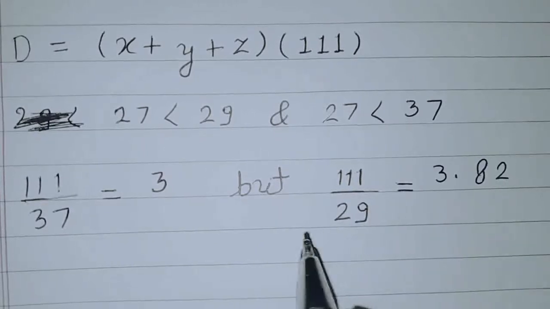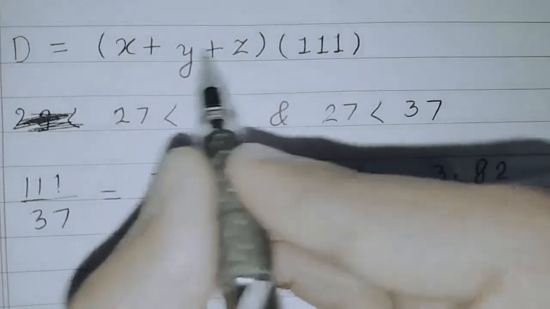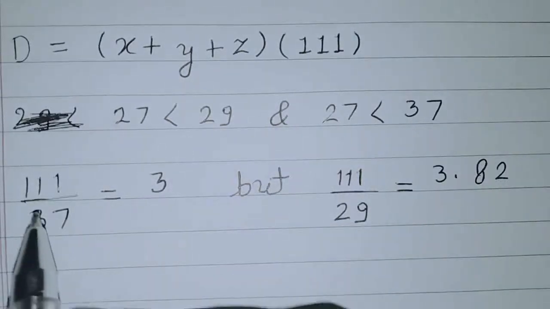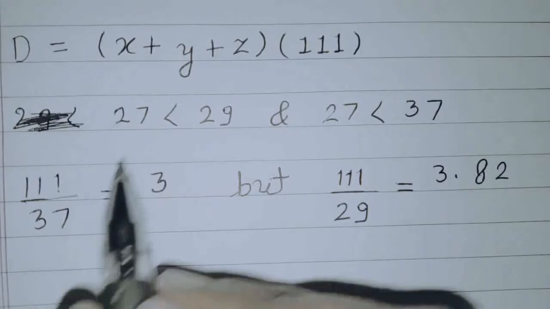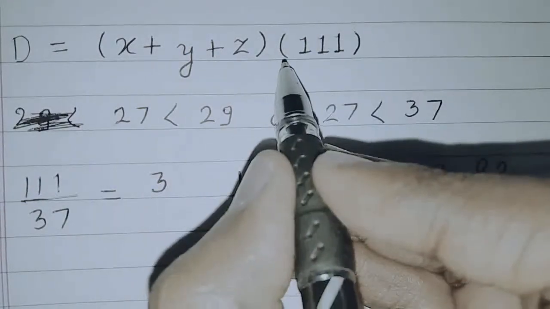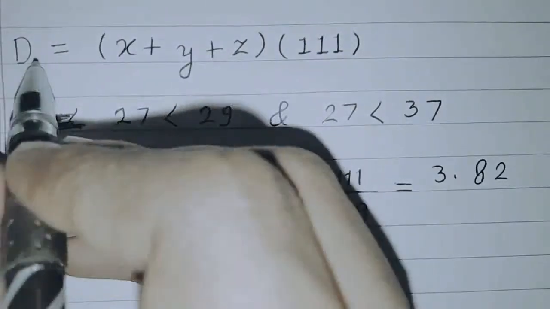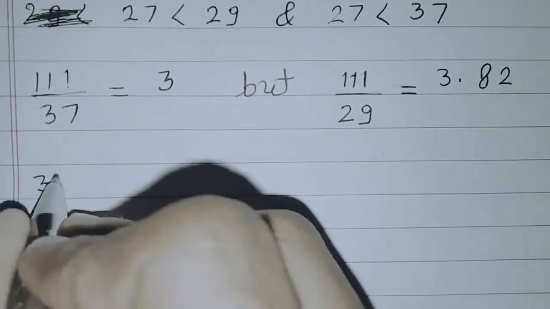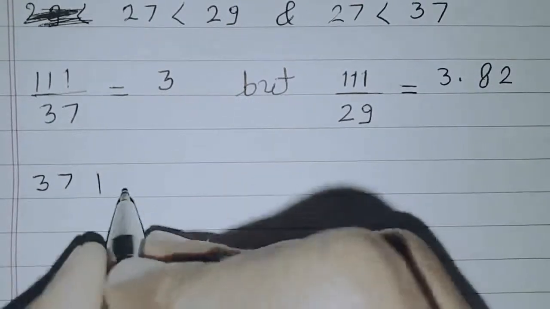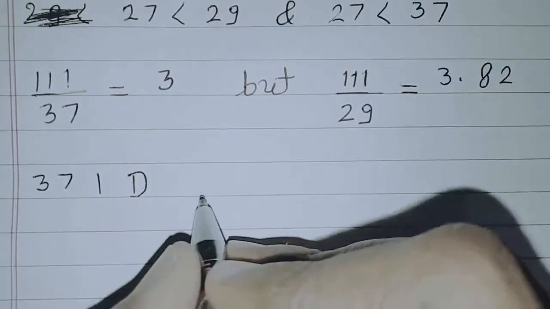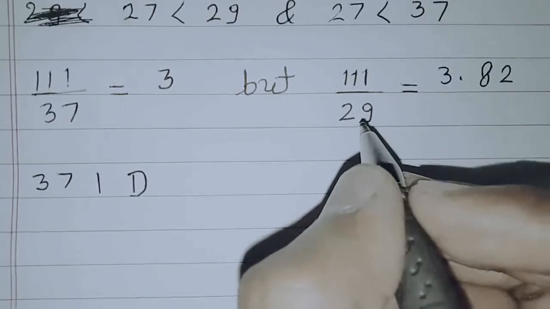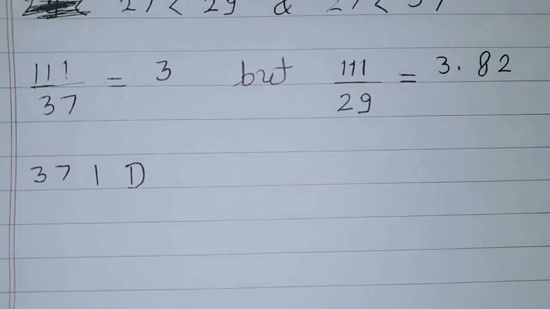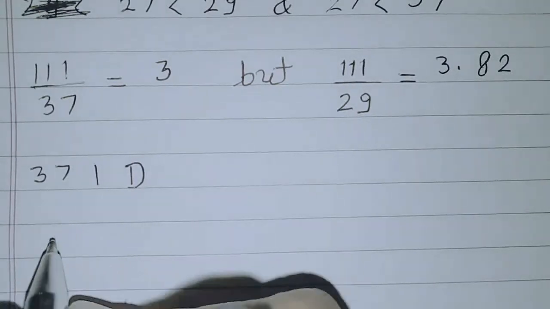Therefore we find that 29 neither divides X plus Y plus Z, nor does it divide 111, but 37 divides at least one of these two factors, and therefore 37 always divides D. But 29 does not necessarily divide D, and therefore option number 2 is true.